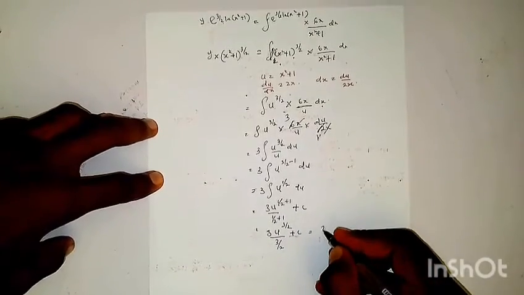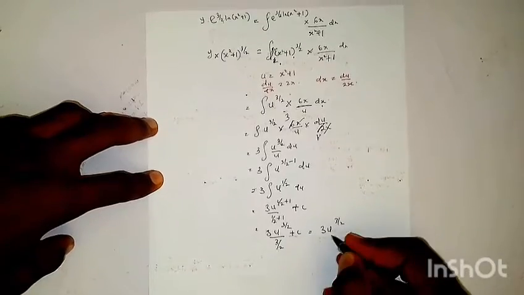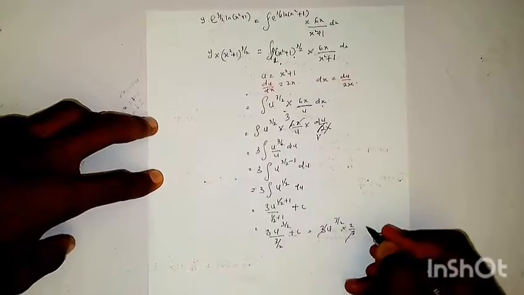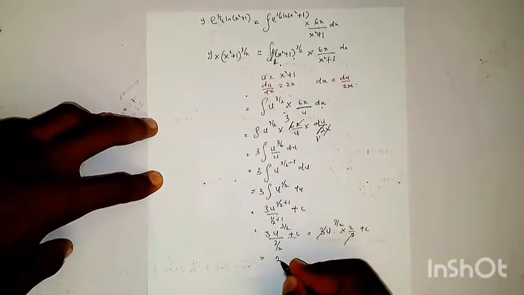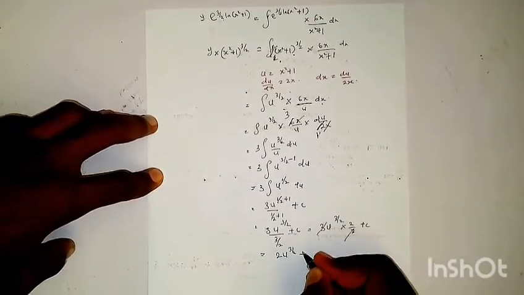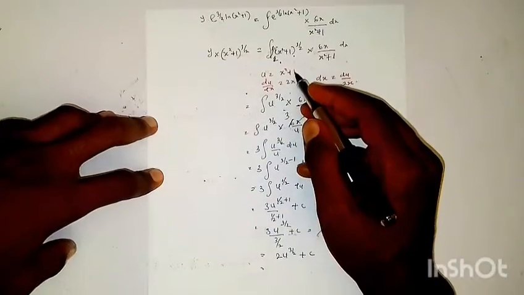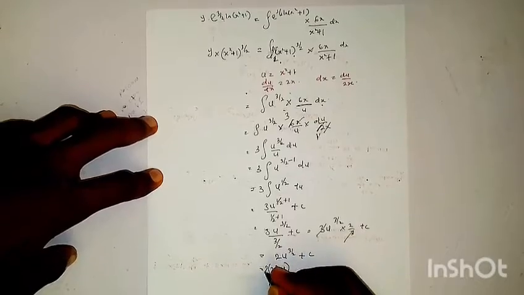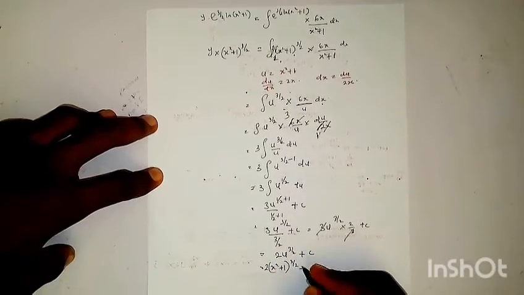That gives me 3u raised to the power 3 over 2 times 2 over 3, the 3 cancels 3, plus c. So this gives me 2u raised to the power 3 over 2 plus c, where we assumed u to be x squared plus 1, so 2 times x squared plus 1 raised to the power 3 over 2 plus c.